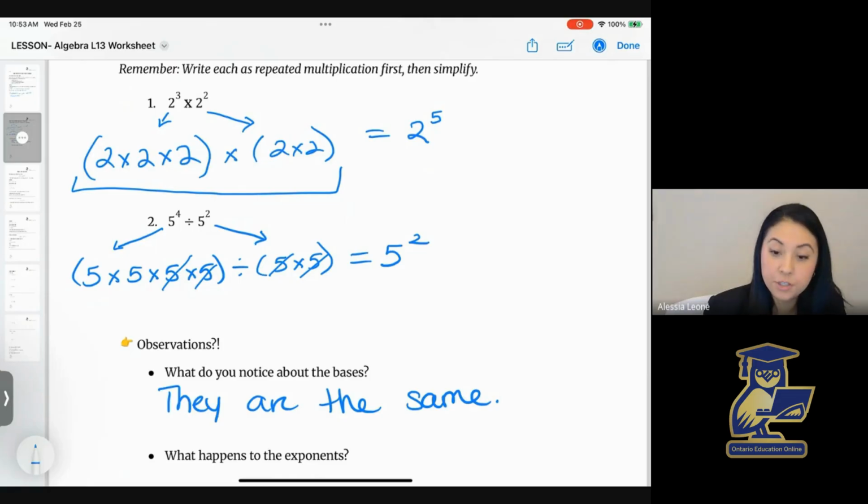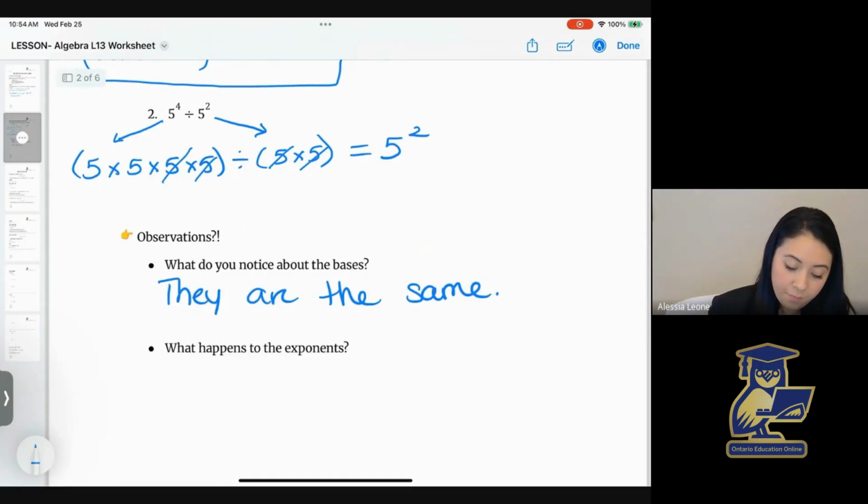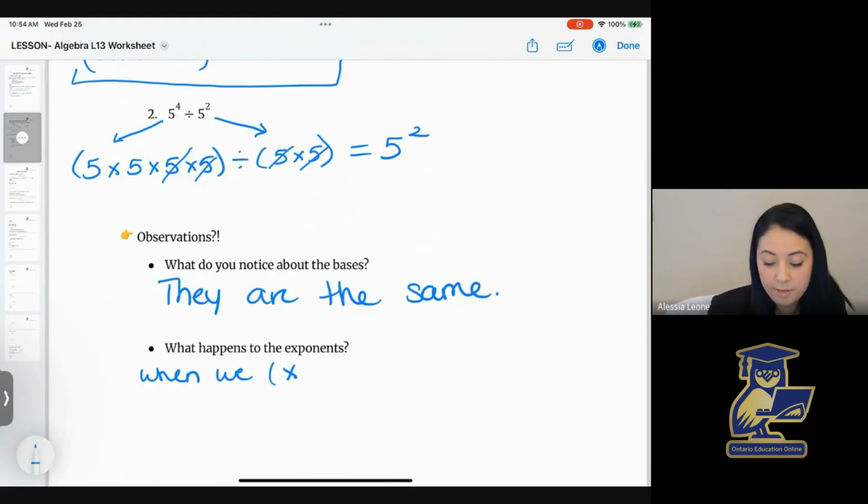And what happened to the exponents? Let's take a look. In number 1, we ended up with the exponent 5 when we originally had 3 and 2. So what happened? We notice that 3 plus 2 is 5. The exponents got added. When we multiplied, exponents got added together.